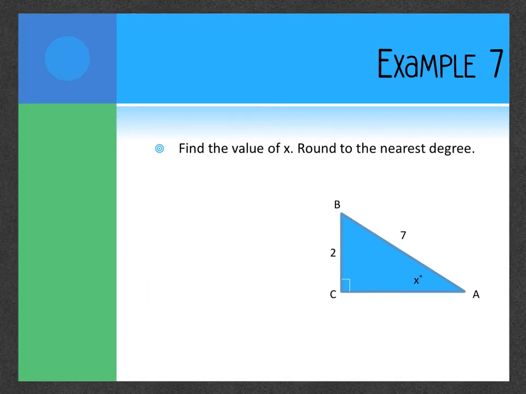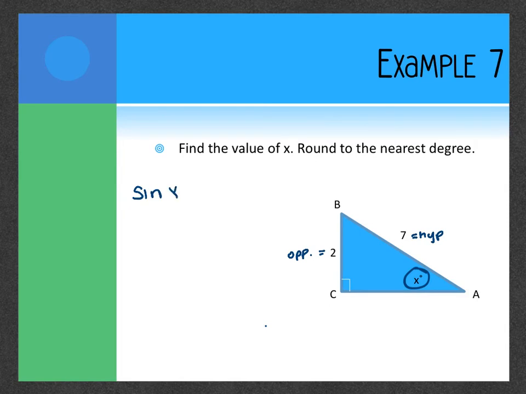All right, so this one again. Oh, this is the same, right? Yeah. So let's change the value. Make this 3. Oh, no, it's not the same. Why is it not the same? 7 is on top, so 7 is now not opposite. So to the x, 2 is where? Opposite. 7 is hypotenuse. Which of my trig functions are opposite over hypotenuse?